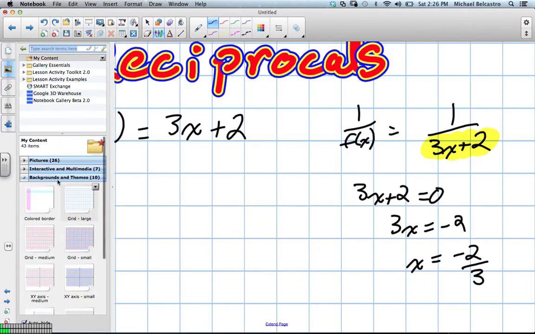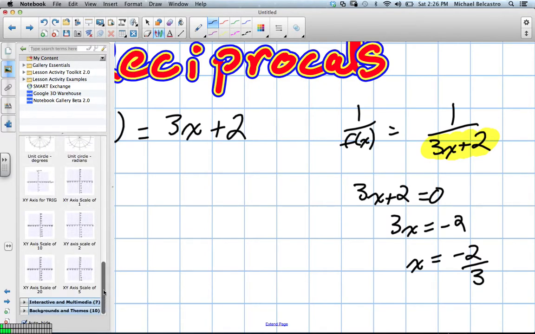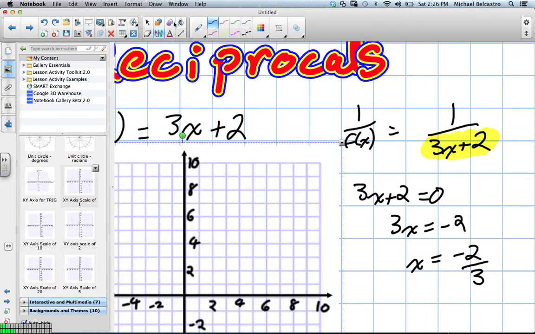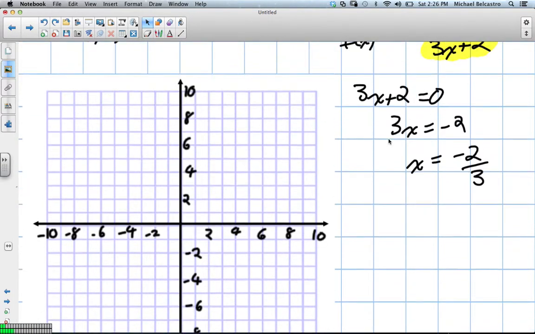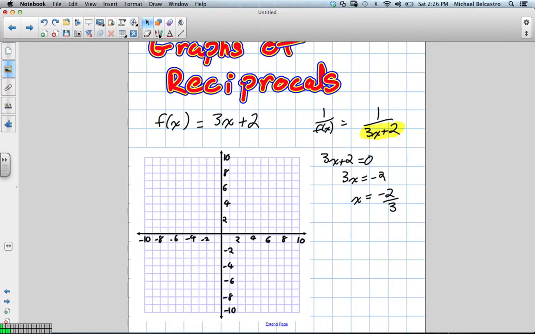So let's bring a graph out. Scale of 1, hopefully that's enough. Okay. So here's our graph. We'll zoom out a little. Let's make sense of this. So first of all, we have a vertical asymptote at negative 3 over 2, or 2 over 3. So that's like 0.6.